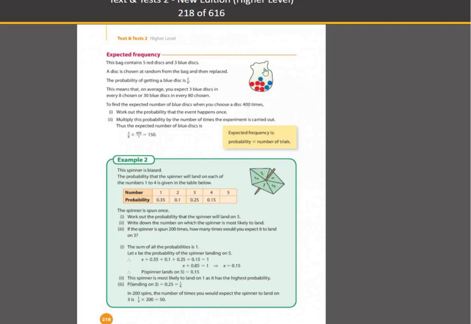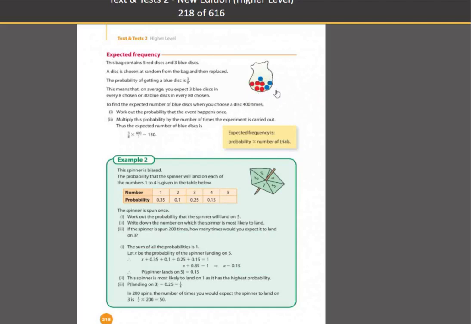So if we were to pick in and out of that bag 400 times, writing down the result each time, how many of those 400 trials would you expect that we would record a blue marble?